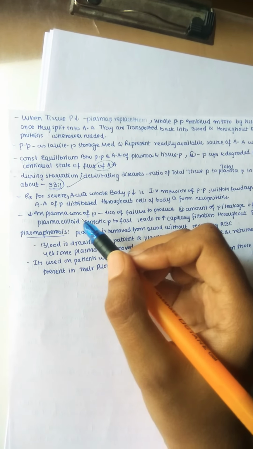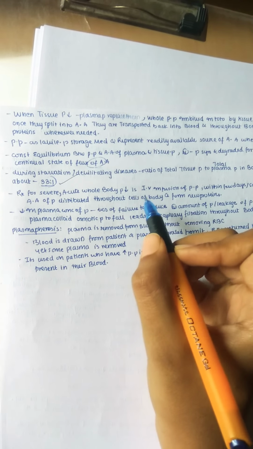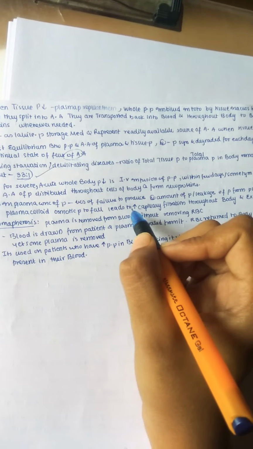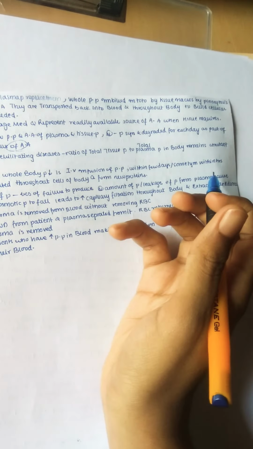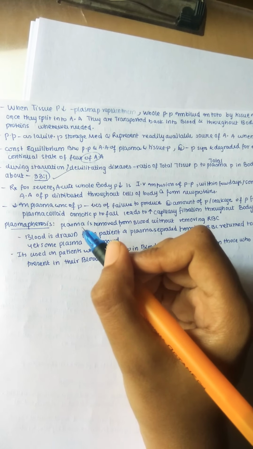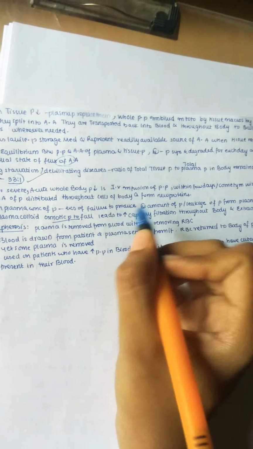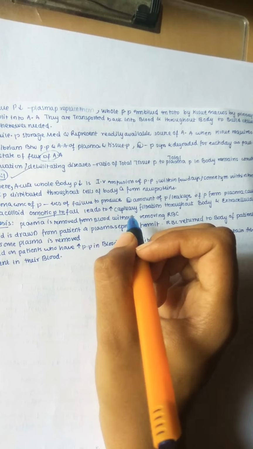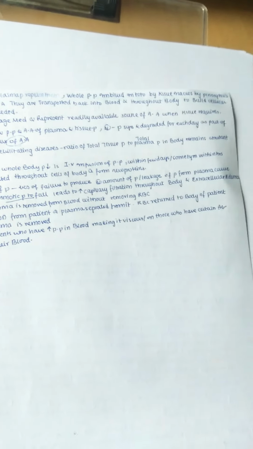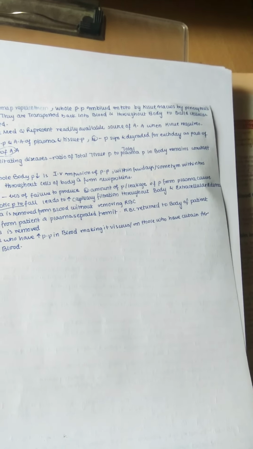So, decrease in plasma concentration of protein. What happens? A decrease in plasma concentration of protein, because of failure to produce the normal amount of protein or by means of any leakage of protein from the plasma, may cause the plasma colloid osmotic pressure to fall, and this leads to increase in capillary filtration throughout the body, and it may also lead to extracellular edema. Just now we said generalized edema or extracellular edema.